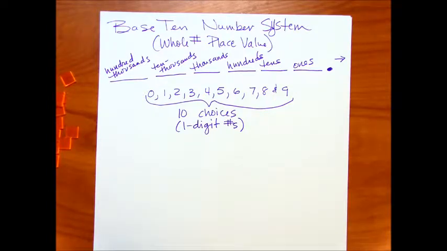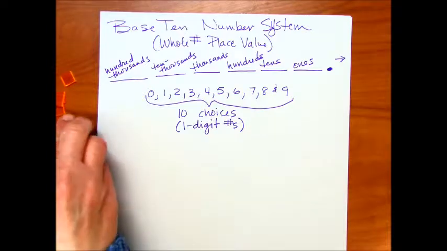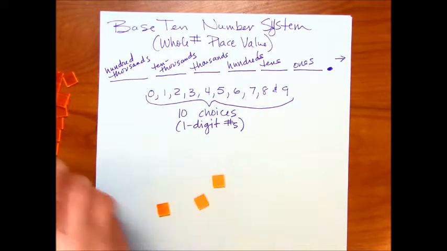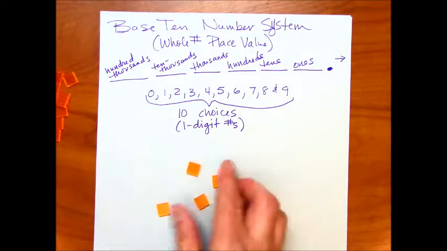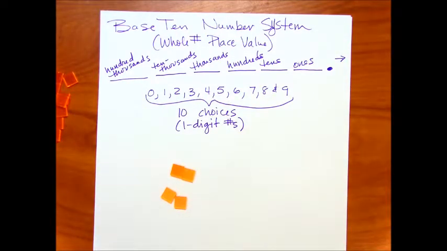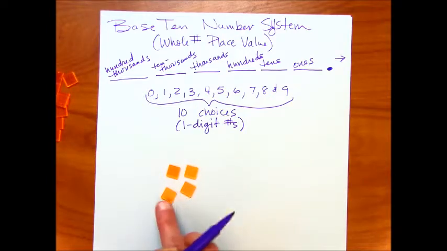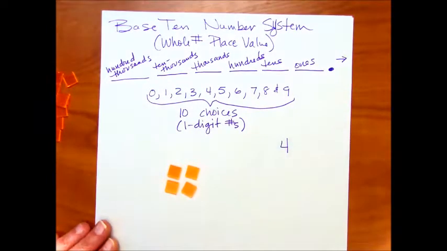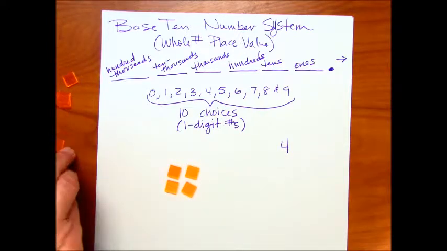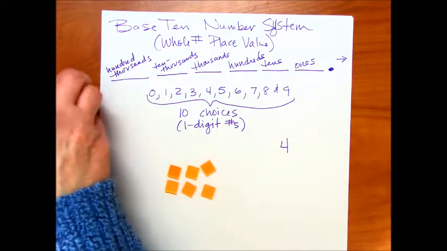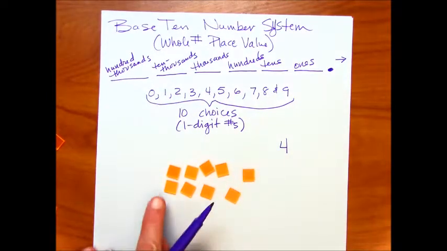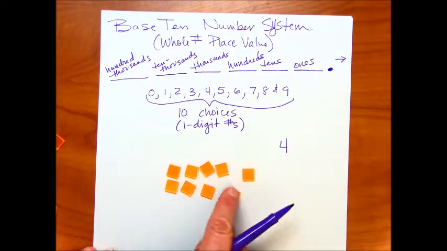Let's get to it. I'm going to use some base 10 blocks. These little squares represent 1 unit, and say I have 4 pieces here, so I'm going to write that as a 4. Now let's look at another number, and we've got 1, 2, 3, 4, 5, 6, 7, 8, 9.